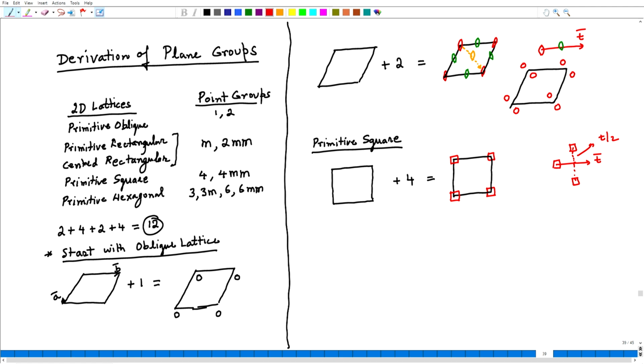But now remember that 2-fold is a subset of 4-fold. You look at this, this is my group elements.